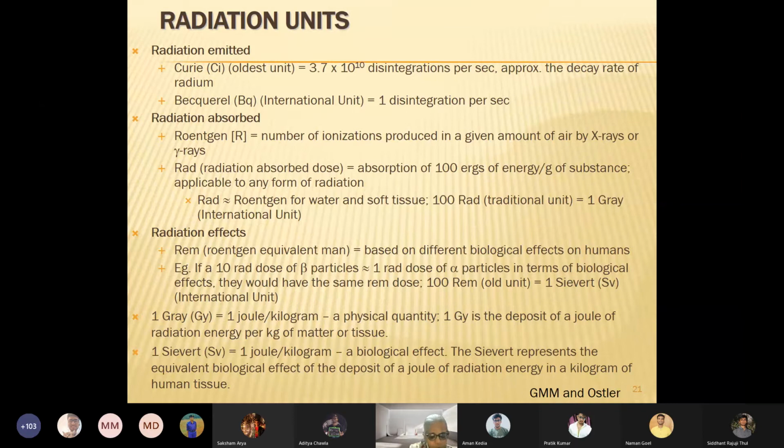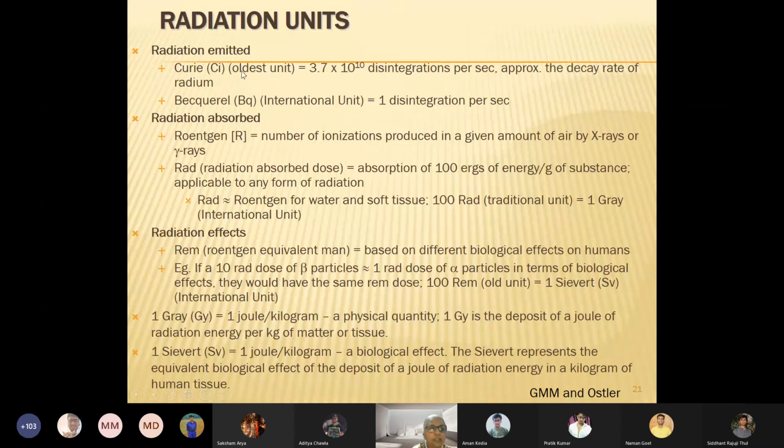If I want to know how radioactive a particular element is, then this is the first set of units. For radiation emitted by a particular element or a particular mass of mineral or whatever it is that we are looking at, there are 2 units, curies and becquerels.